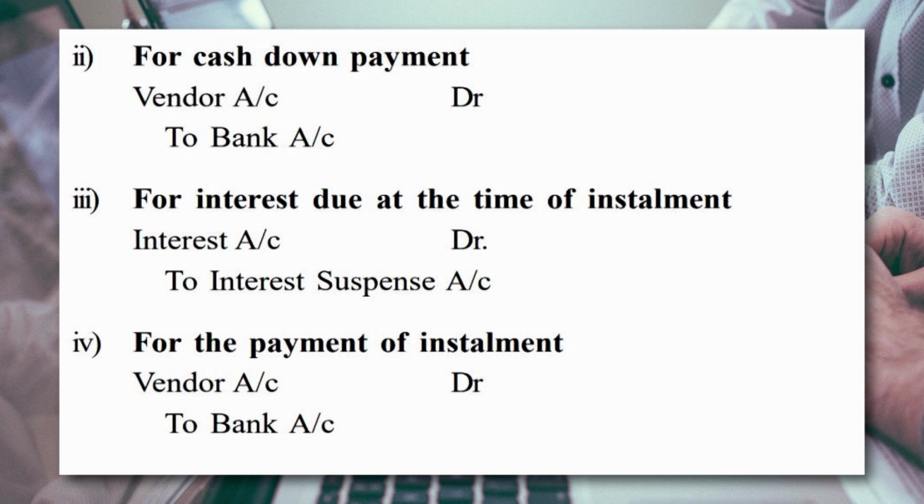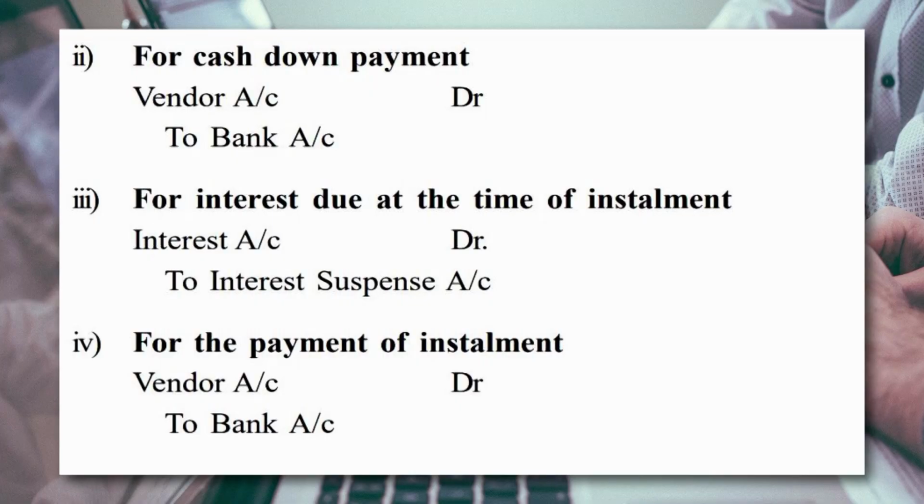Because interest suspense account is reflecting the total amount of interest to be paid by the buyer to the seller. So we have already debited the interest suspense account by the total amount of interest. Therefore now, over a period of time, with the making of the installment payments, the interest suspense account will be credited with the actual amount of interest of that particular year.